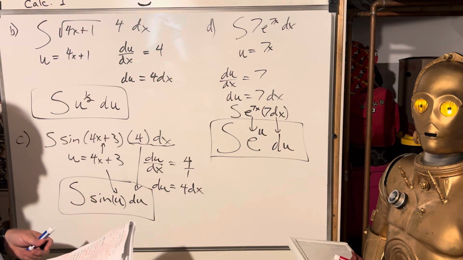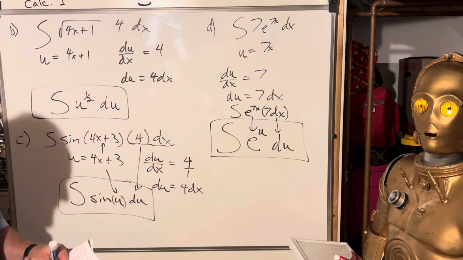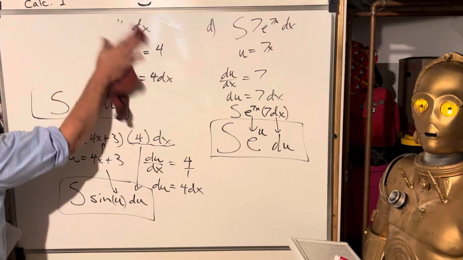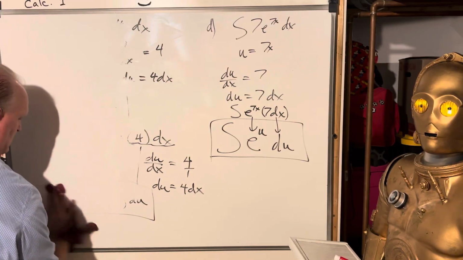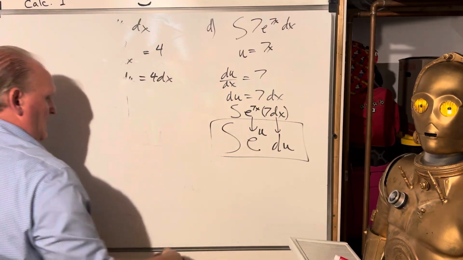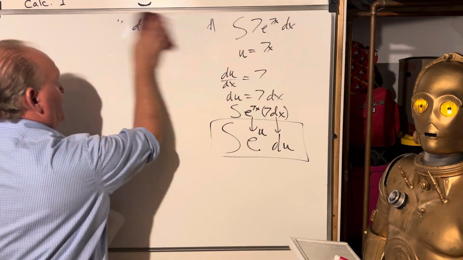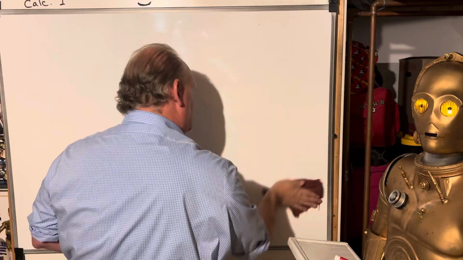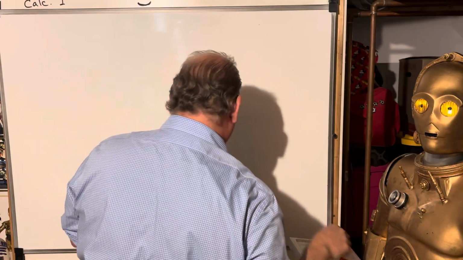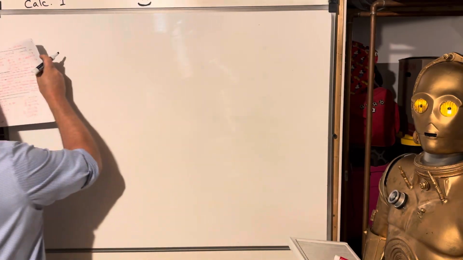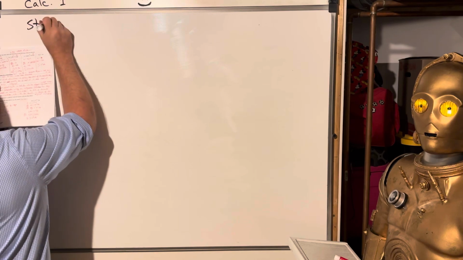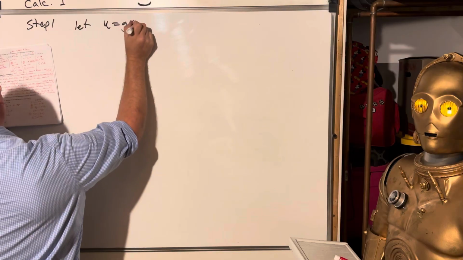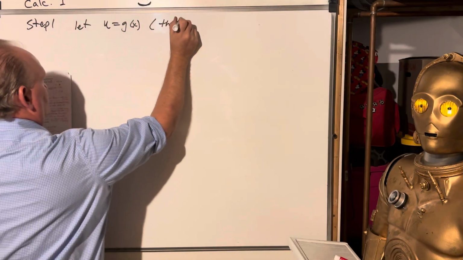All right, guidelines for u substitution. So lots of writing here. Lots of writing. So step 1, let u equal g of x, the inner function.